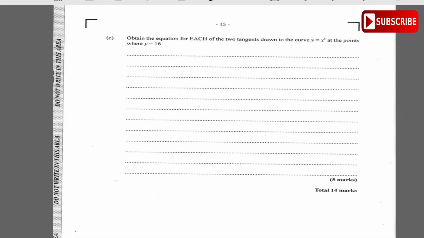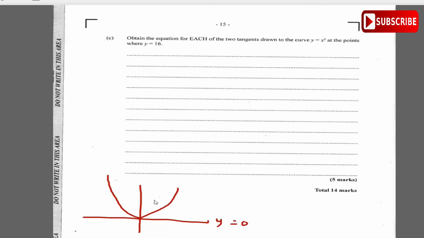If you think about the curve y equal x squared, it looks something like this. This is the x and y axis. The x-axis is the line y equals 0. This is y equal x squared.